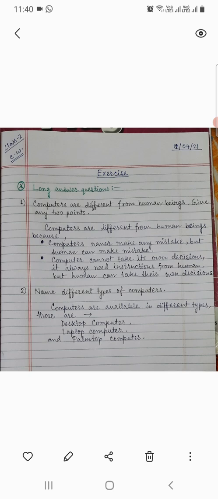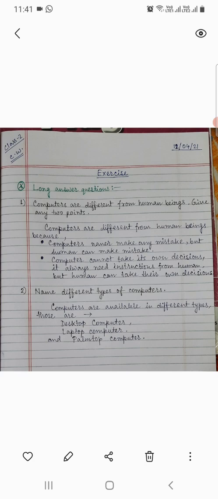We have to give instructions or commands to the computer to do the work. So these are the differences. We have to write 2 points for our question.